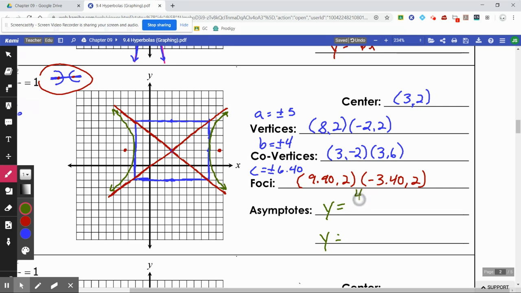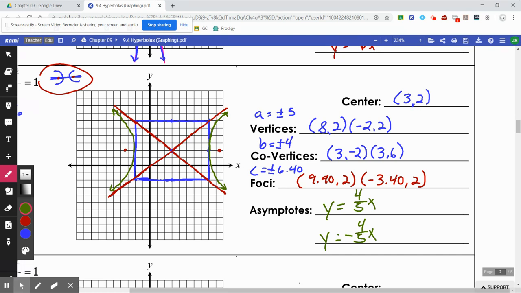So y equals 4/5 x and y equals negative 4/5 x. That's going to be the slopes are 4/5 and negative 4/5, and you can check me on the negative 4/5. However, the y-intercepts, it's going to be a little bit tougher. That one looks like it's at 0, but I'm not certain. But how to find those are going to be a little bit more difficult.